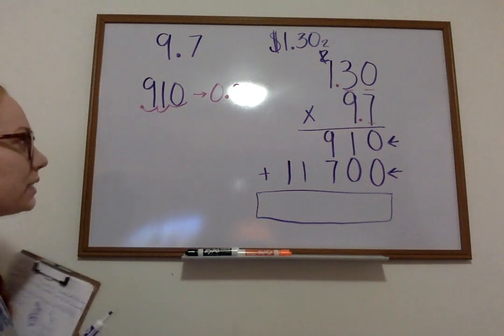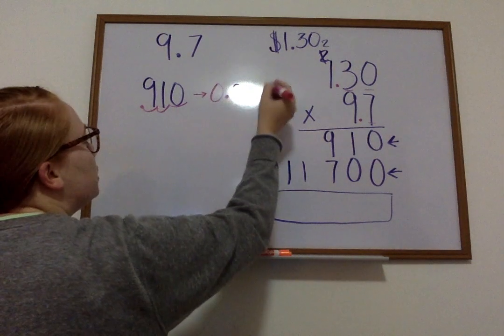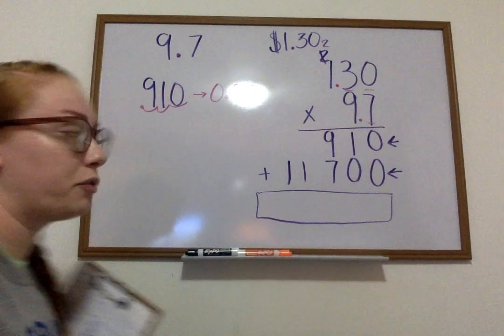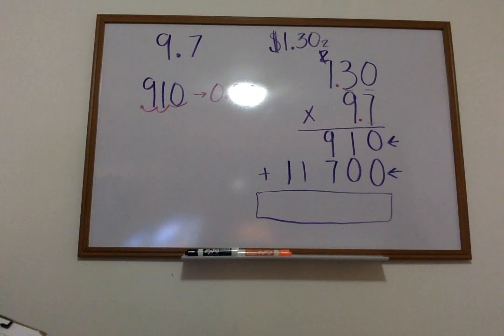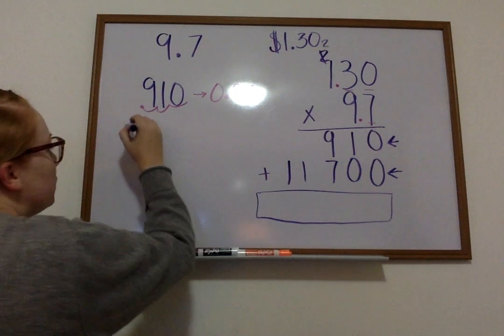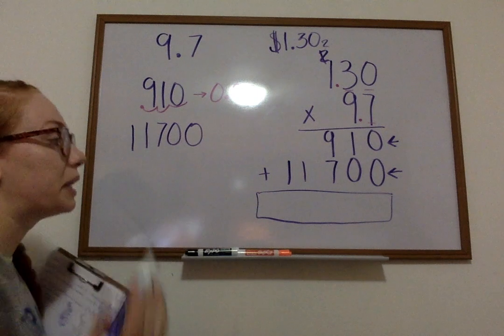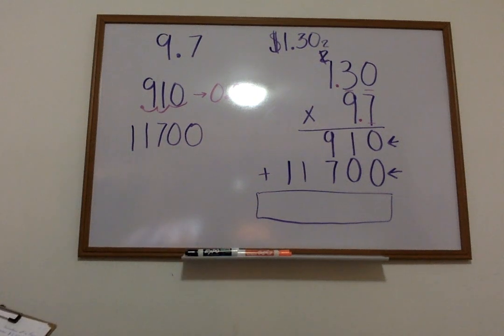Now you might say, why is it 0.91 and not 0.910? Same thing, I could have both of them. It's still the same thing. And then my other partial product right here is 11700. But again, I need to look at my equation and figure out how many numbers are behind the decimal.